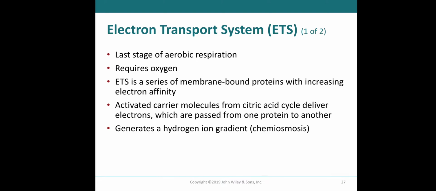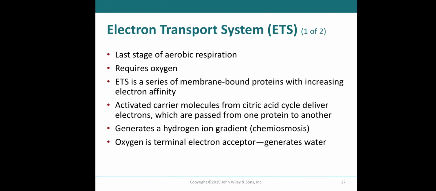When each protein passes an electron to the next protein, there is a transport as well of protons, hydronium ions. This generates the hydrogen ion gradient, which will be used to power the oxidative phosphorylation.